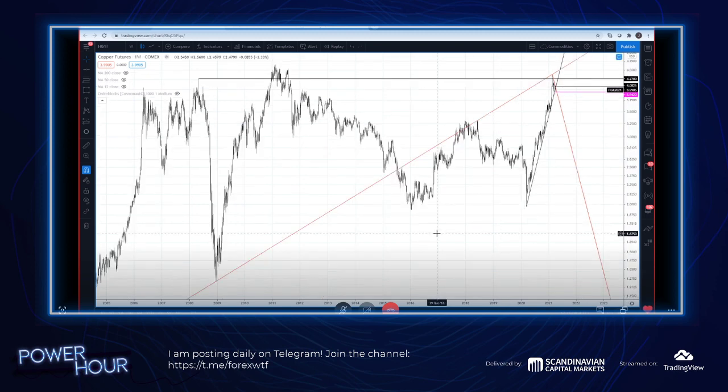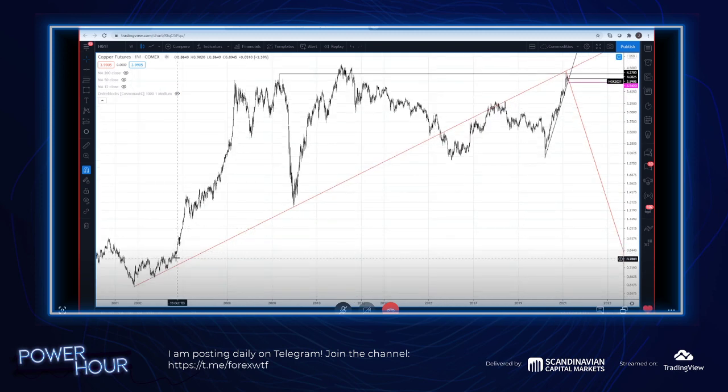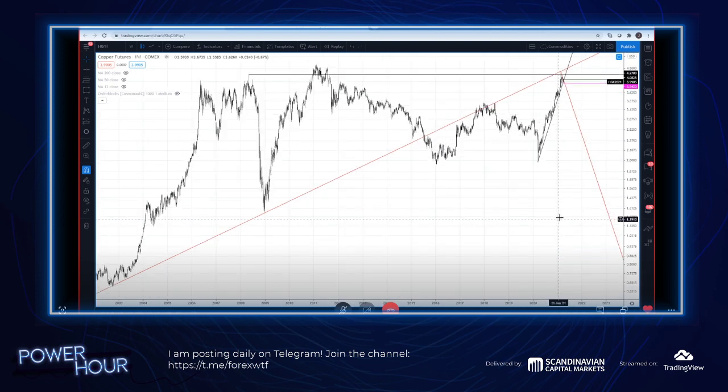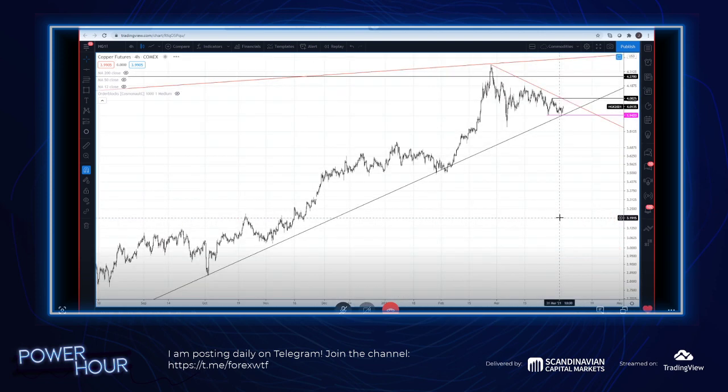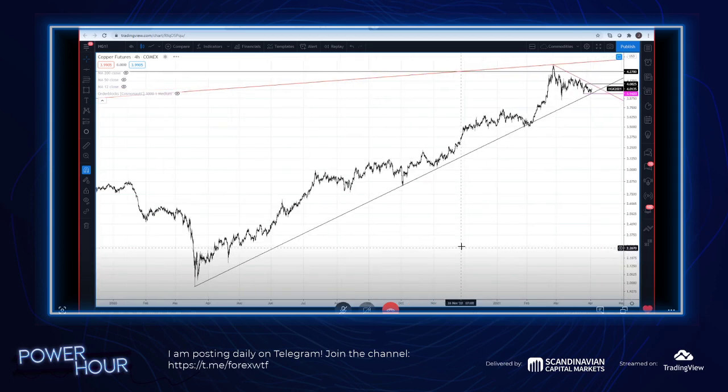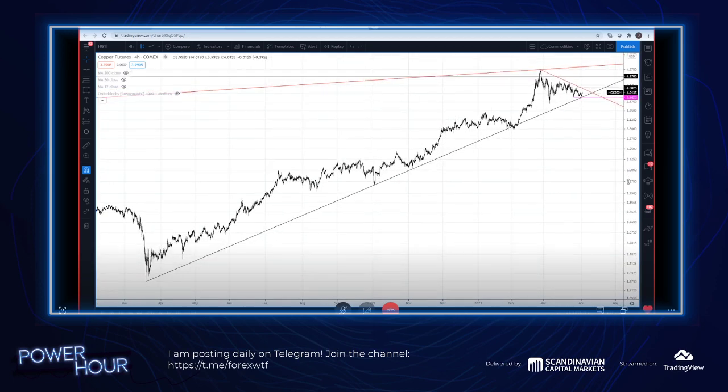So the two legs of that: copper divided by gold. This is the copper chart. Again, huge resistance that we came into. This is a shorter term chart. You can see that we are sitting on a massive shelf.